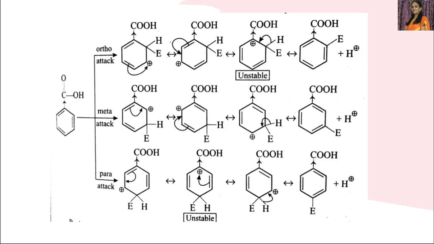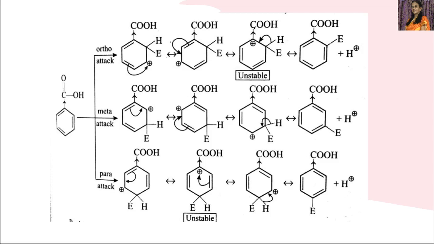In this meta attack, what happens? The electrophile goes to meta position, this one, let me say. So here a bond is formed between this particular carbon and the electrophile. Thus the next carbon to this sp3 carbon gets the positive charge, and this positive charge is alternatively present across these two pi bonds.